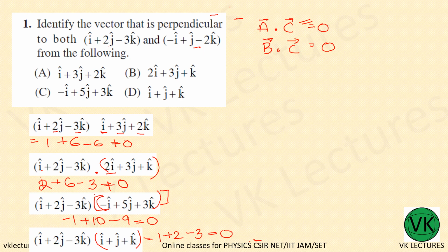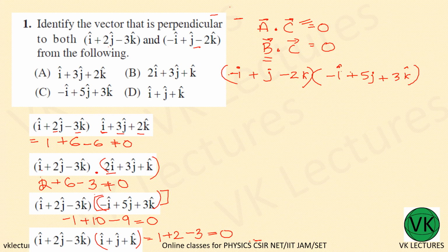Now here again we have the vector B. What we have to do is use this vector B, that is -i + j - 2k, and take the vector C that we have got from option C, that is -i + 5j + 3k.